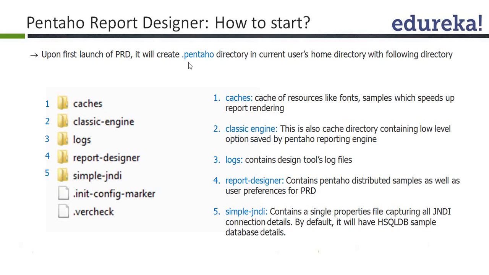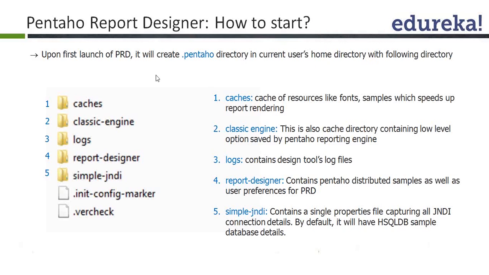You can go to your user home and you can see the .pentaho directory, and others also. Whenever you install it, you unzip and run it the first time, then you will see the .pentaho folder created under your user's home. So the user's home again will be different for Windows users and for Linux users.